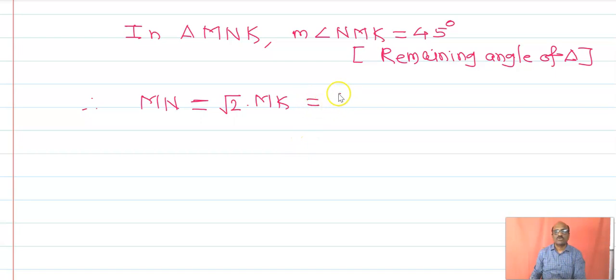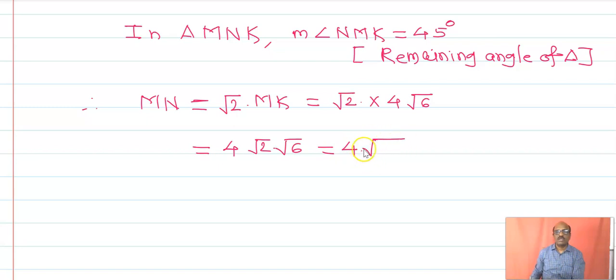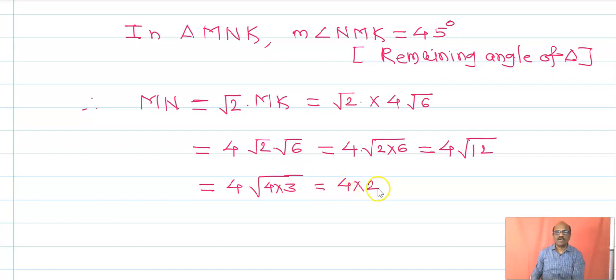That is equal to root 2 into 4 root 6, which is 4 root 2 into root 6, that is 4 root of 2 into 6, that is 4 root 12. Again, root 12 can be written as root of 4 into 3, that is 2 root 3, so 4 into 2 root 3 is 8 root 3.